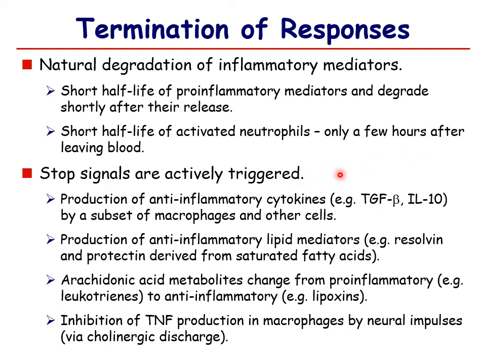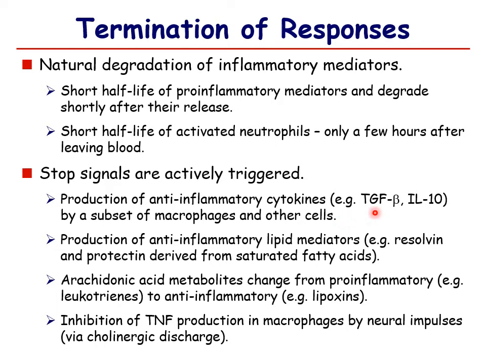Second way of terminating the response is inducing stop signals actively. And these signals are triggered by production of anti-inflammatory cytokines such as TGF-beta, transforming growth factor beta, and interleukin-10 by a subset of macrophages, and there are other cells that can produce these anti-inflammatory cytokines.